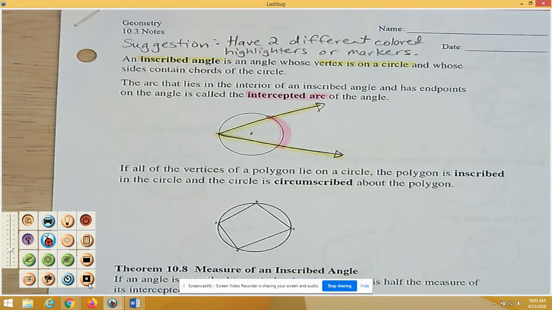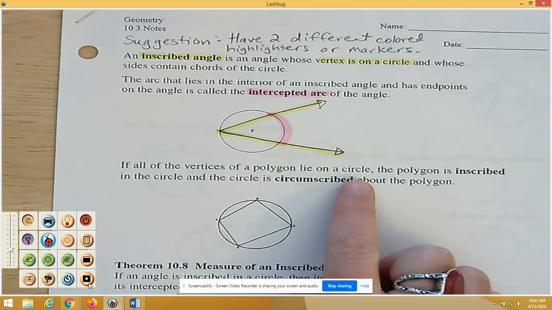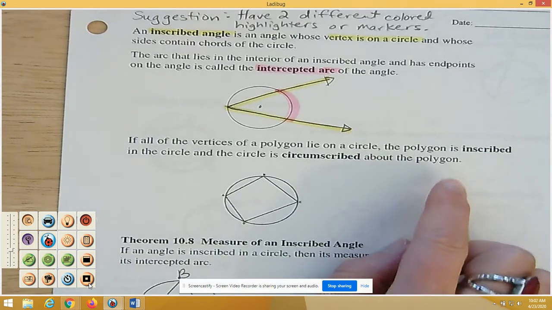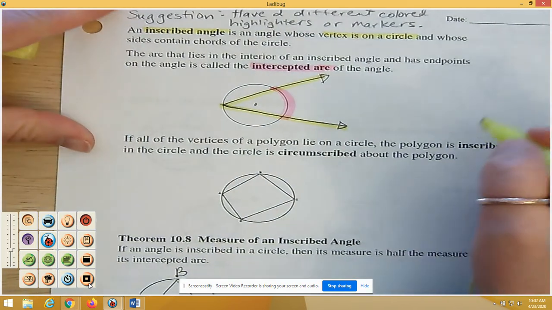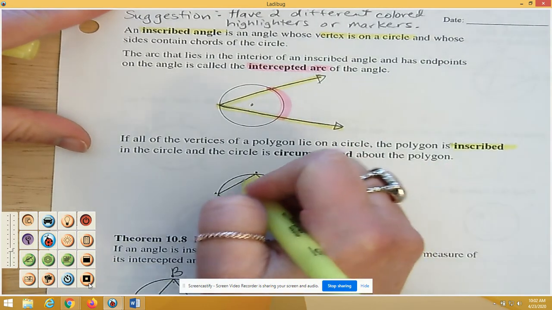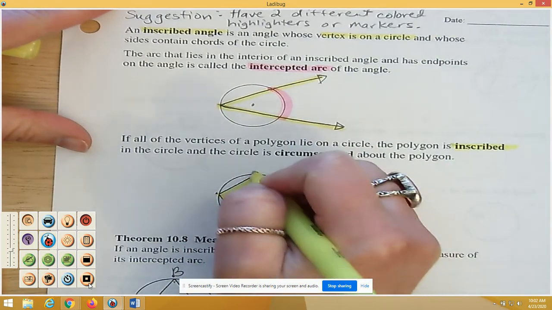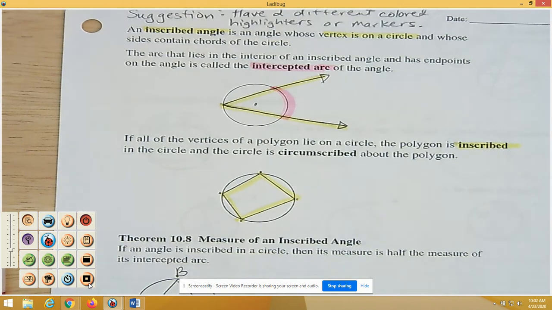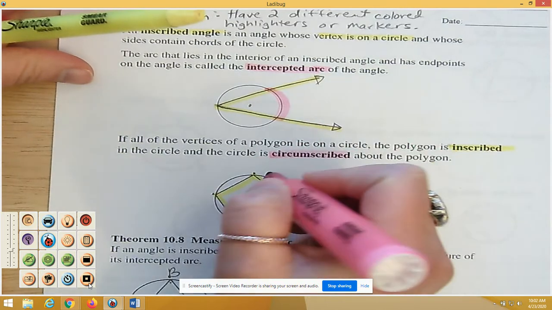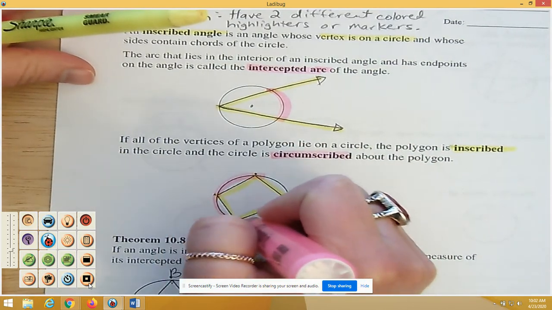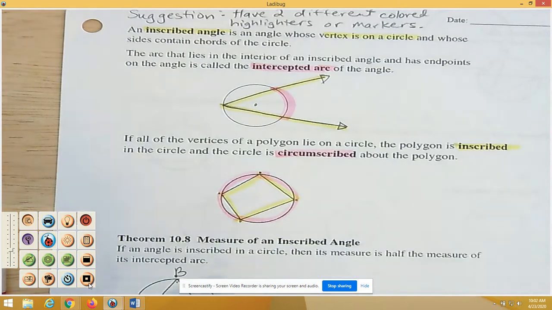If all the vertices of a polygon lie in a circle, the polygon is inscribed in the circle. So the polygon is inscribed in the circle, and the circle is circumscribed about the polygon. So that's kind of what that's looking at there.